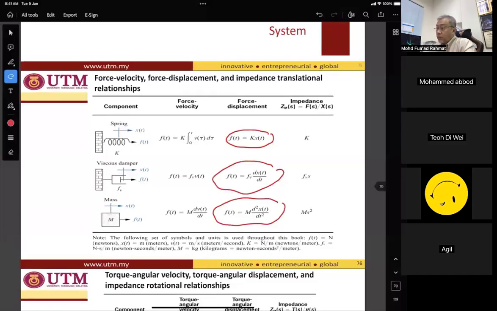So in chapter 2, we are using k, fs, and ms square. But for the time domain, we are not using this anymore. So we are using the t domain formula.